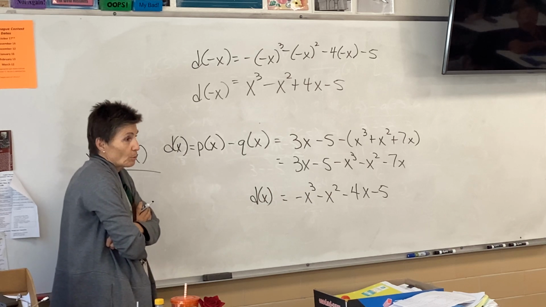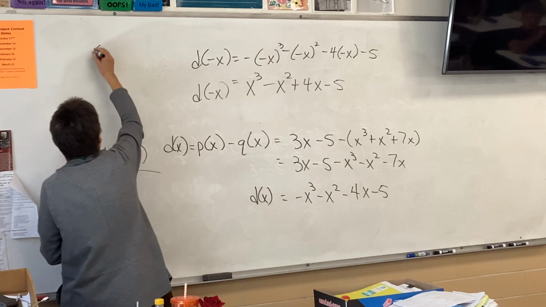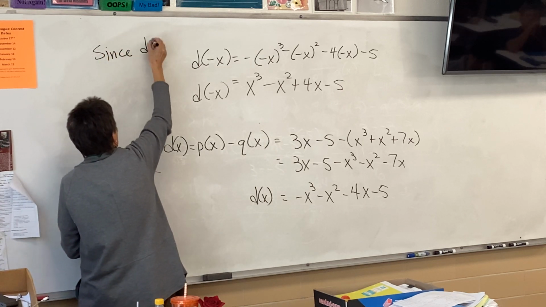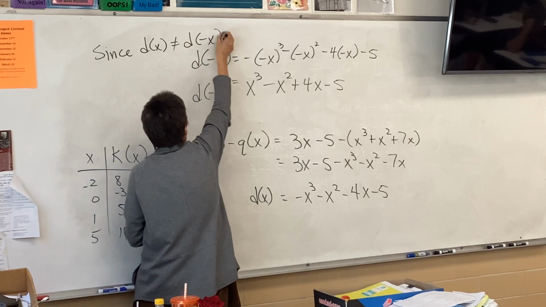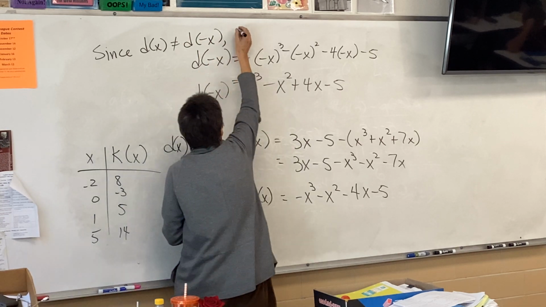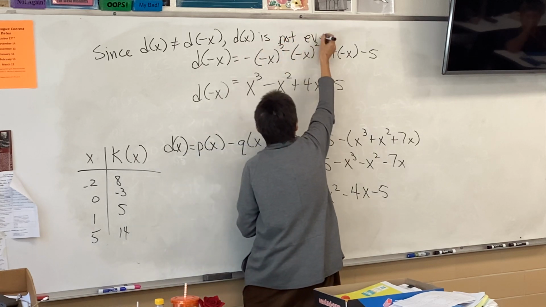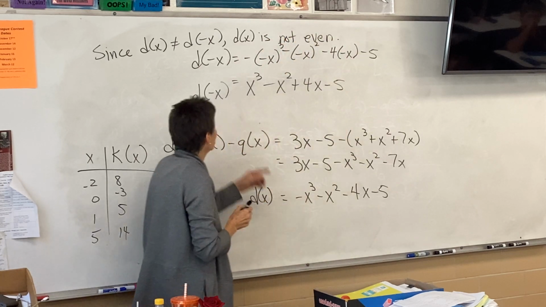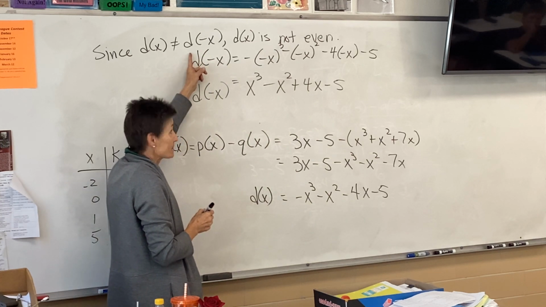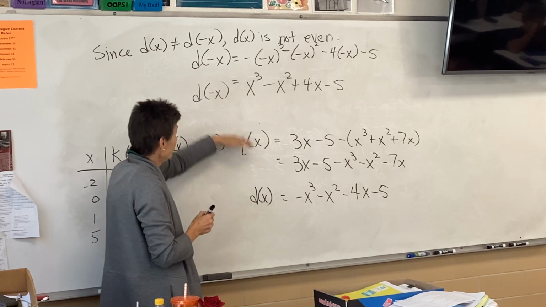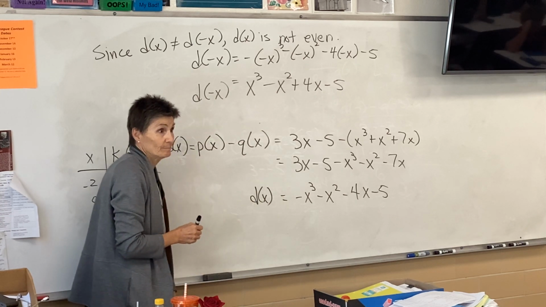My job was to prove, what am I going to say? Since d of x does not equal d of negative x, d of x is not even. How does that sound to you? Isn't even this right here equal to each other? Since they didn't turn out equal, then the function can't be even.